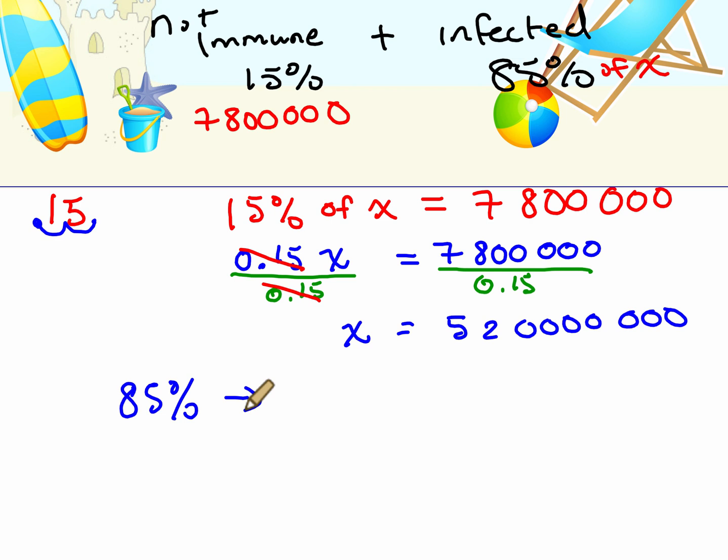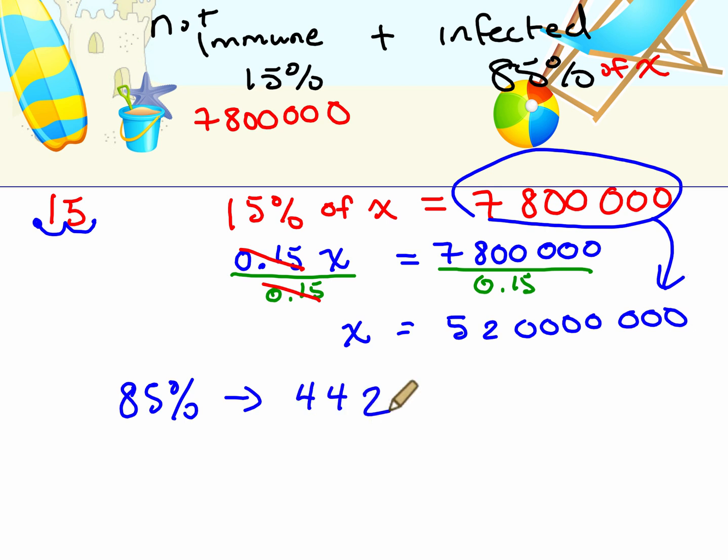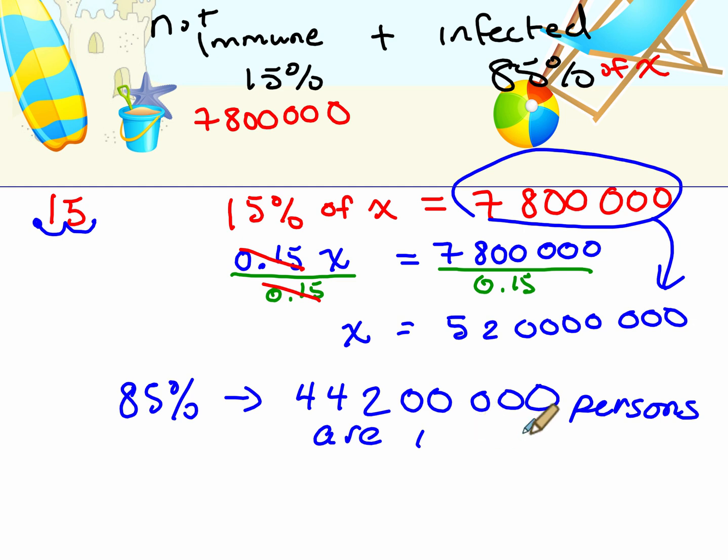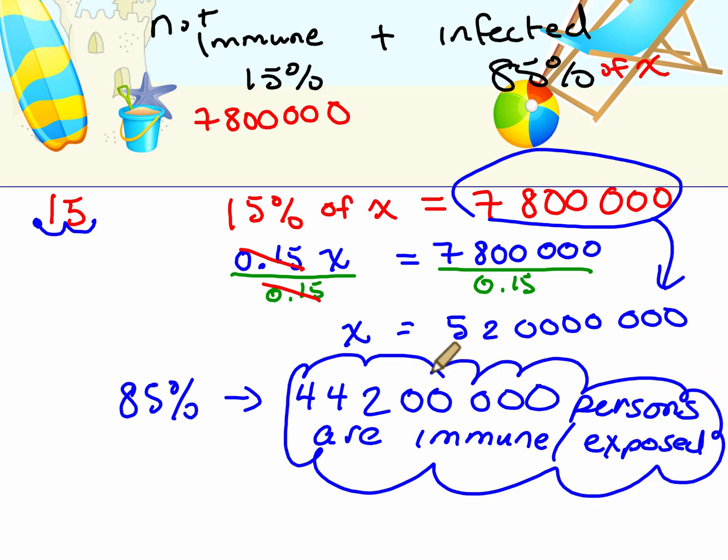So if we take our answer and take away that 15%, the 7,800,000, we subtract this number from that, and that leaves us 44,200,000 persons who are immune or exposed. And that is our statement that actually answers the question.